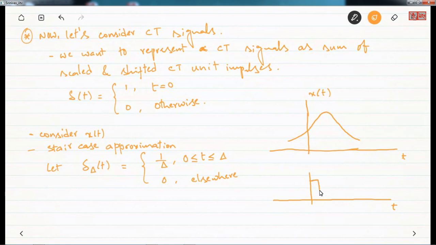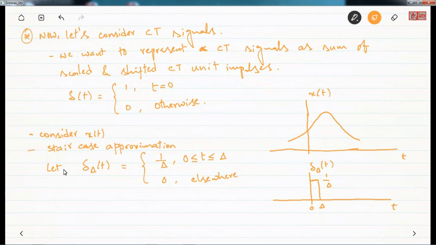It has a constant value from 0 to delta, and its height is 1 over delta. This is lowercase delta, this is uppercase delta.